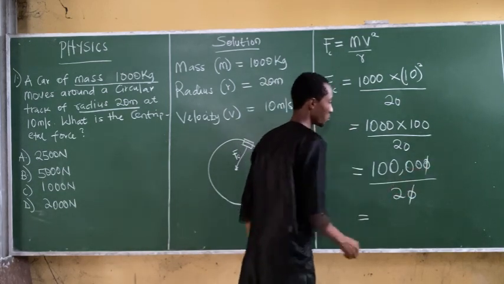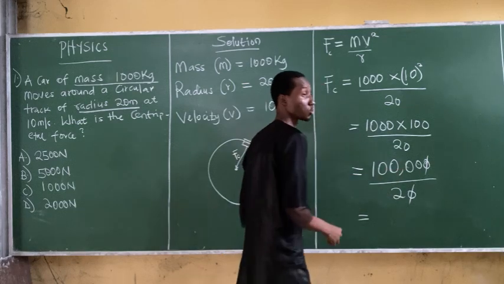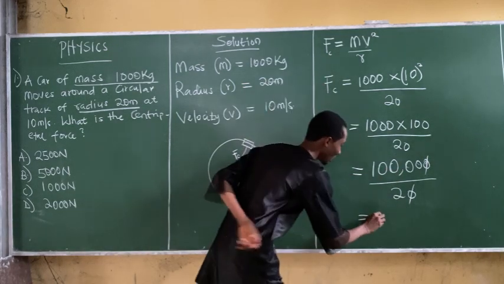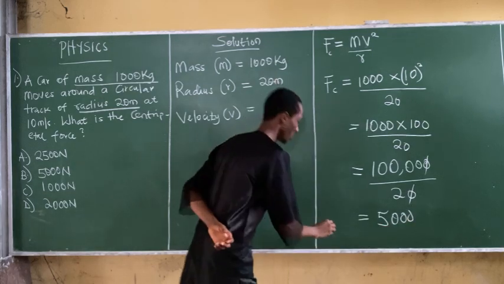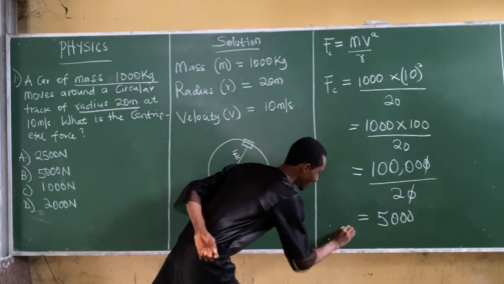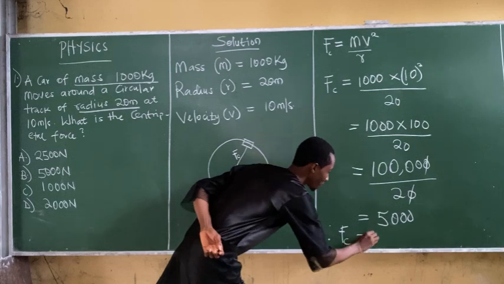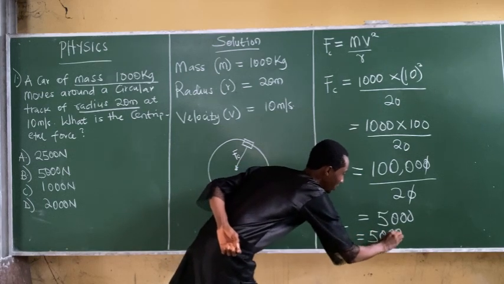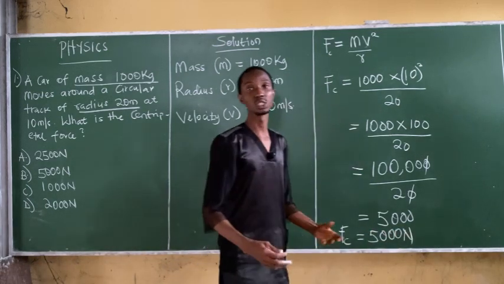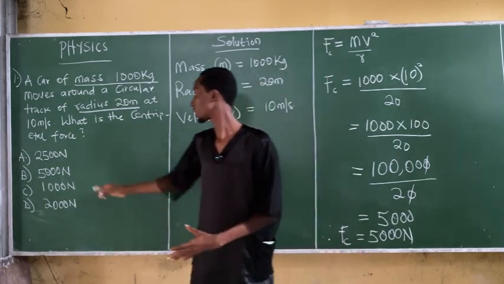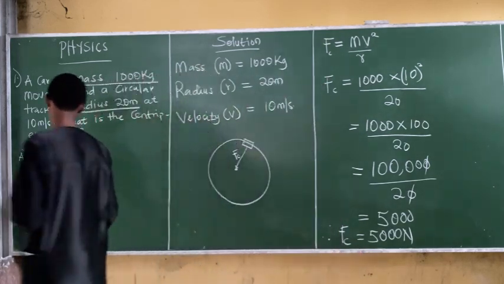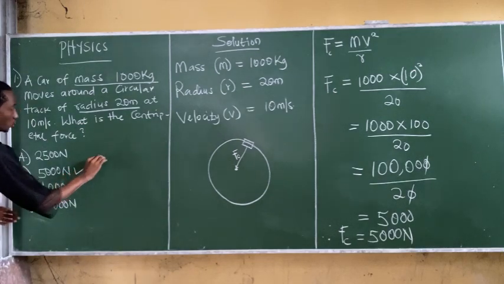This will take away this zero. We have 10,000 divided by 2, which gives us 5,000. Therefore, the centripetal force is equal to 5,000 newtons. Don't forget, the SI unit for force is newtons. Therefore, our correct answer here is option B, 5,000 newtons.